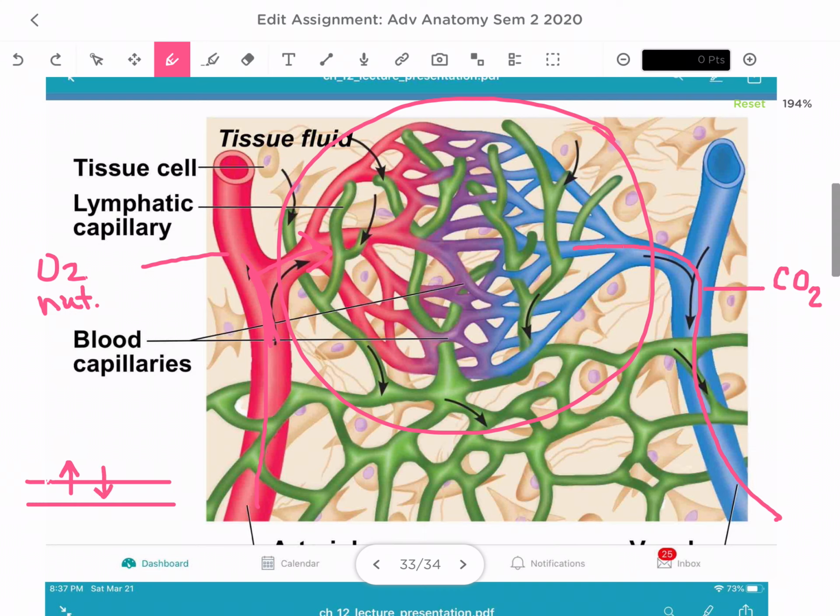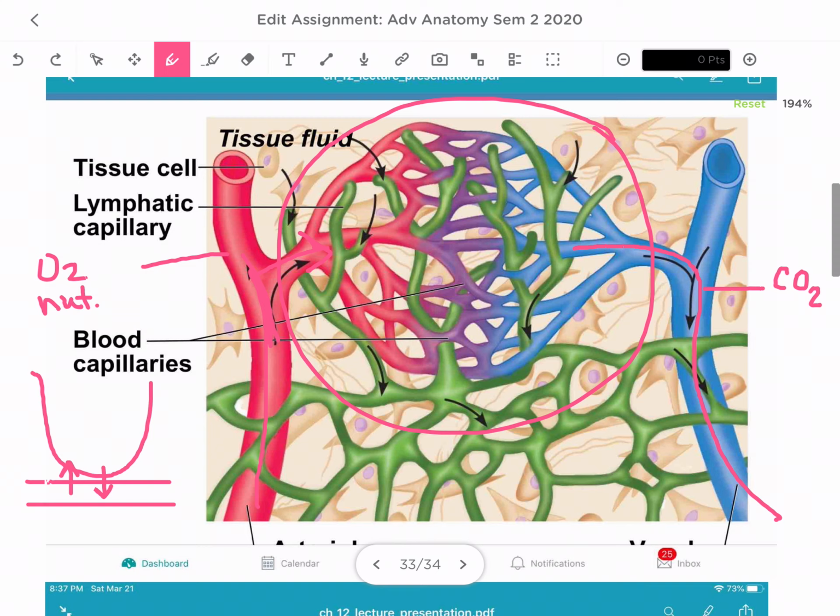And remember we were talking about the alveoli, and the alveoli are only one cell layer thick. Well, that's the exact same thing that's happening here. This would actually be internal respiration. So internal respiration is happening in this center part here, but something else is happening that makes the lymphatic system super important.